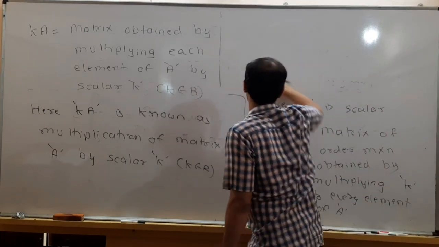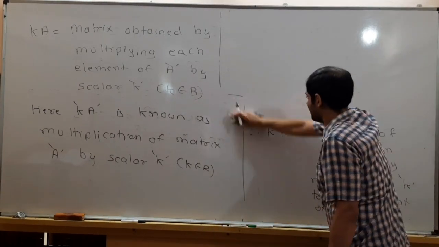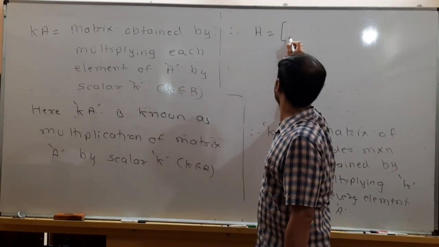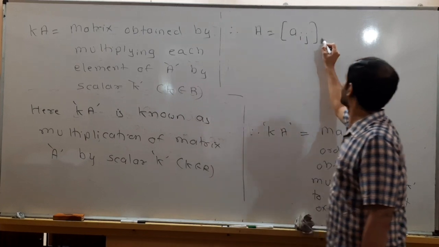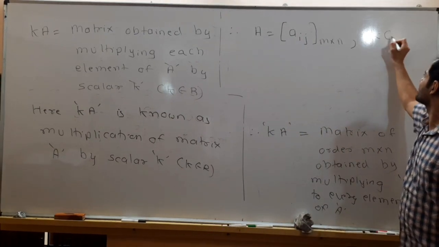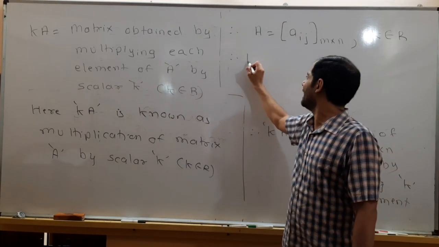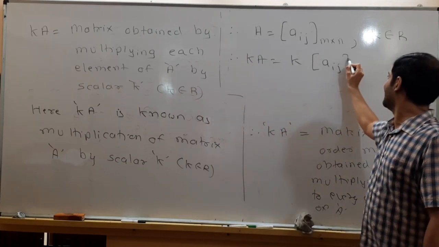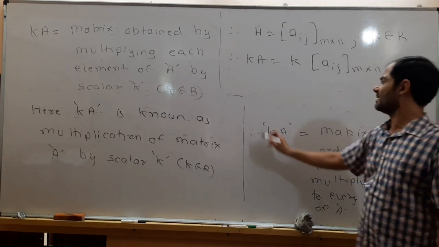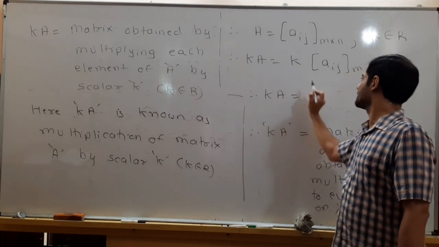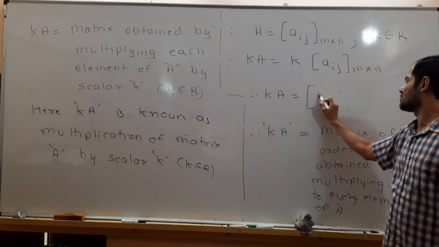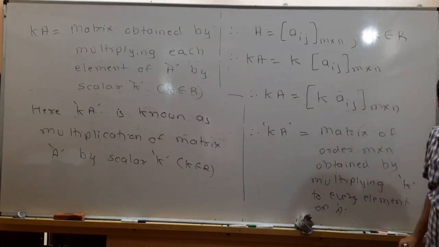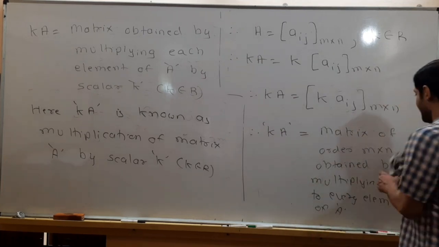Suppose we want to write it in a theoretical way: A is Aij of the order m cross n. K is a scalar, so K is a real number. So Ka will be K times Aij, where Ka is K multiplied to every element, and it will be of the order m cross n only.